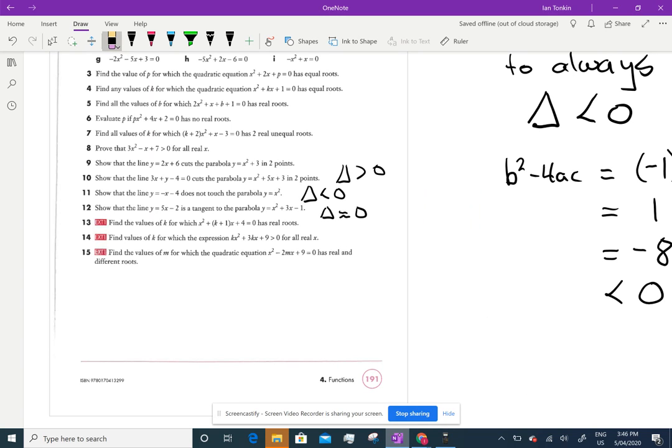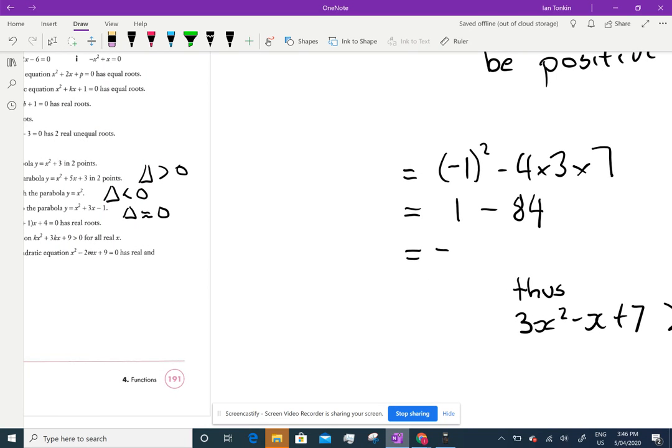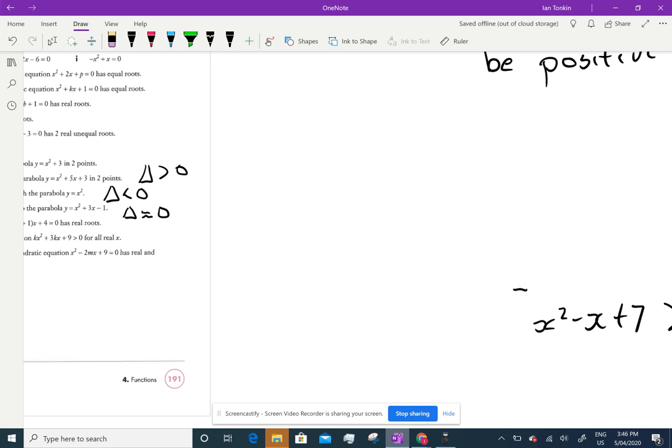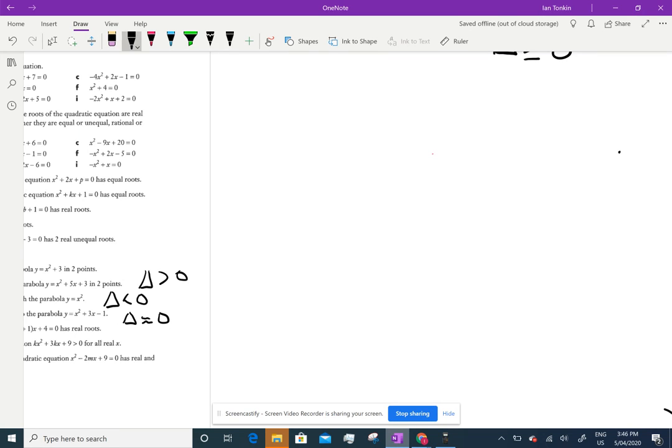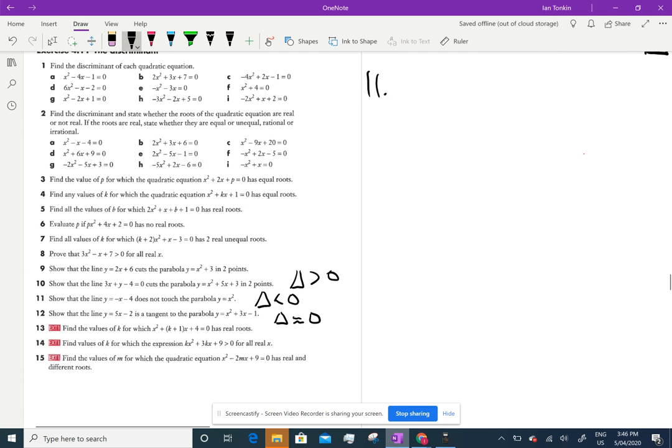So, all I'm doing is I'm going to solve them simultaneously. I'm going to get a quadratic equation, and I'm going to show the discriminant is less than 0 for question 11 and equal to 0 for question 12. So, here's question 11. What have I got? y equals -x minus 4 and y equals x squared.